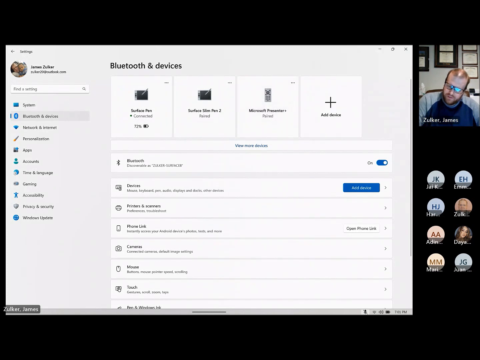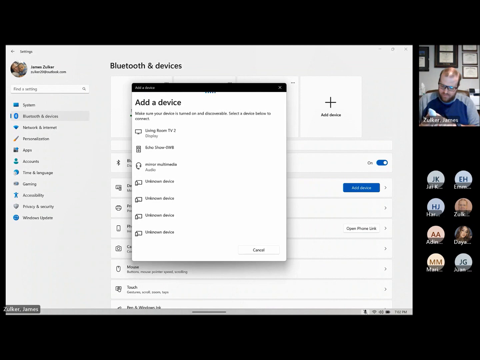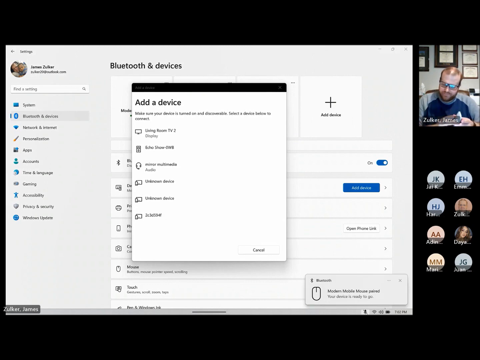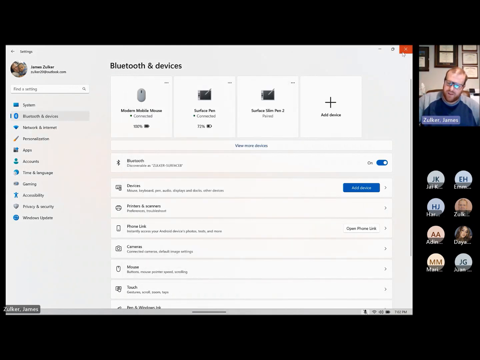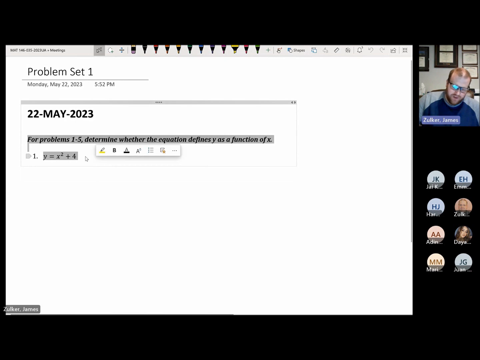Move. And let's just add another one. There it is. Connect. There was my mouse. Okay, now it's working. Excellent. All right. I mean, you can if you want to. I'm going to tell you what a function is. So what I'm going to do is I'm actually going to go ahead and move this for right now.